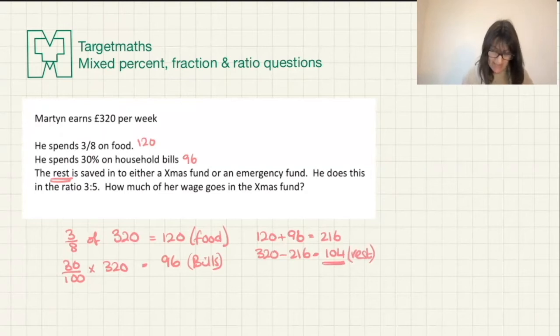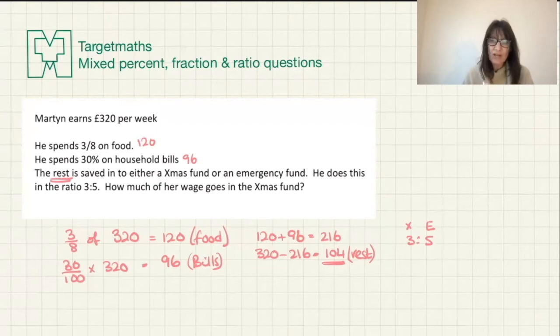Now that's being saved into either a Christmas fund or an emergency fund in the ratio of 3:5. So I've got my Christmas, my emergency, 3:5. I always write my ratios with a label wherever possible, so I'm really clear about what's going on. Now I need to work out how much of that wage is going into the Christmas fund.